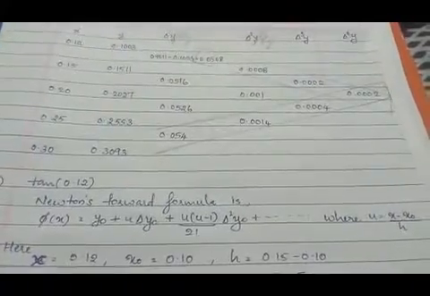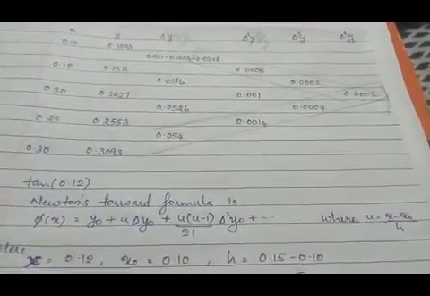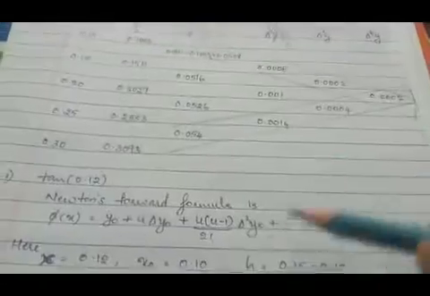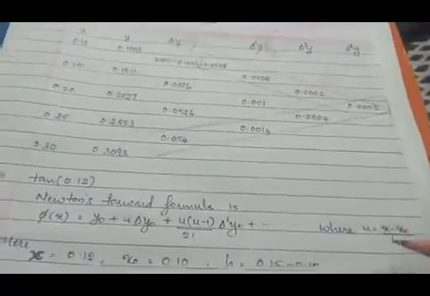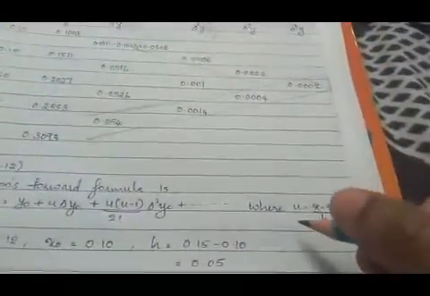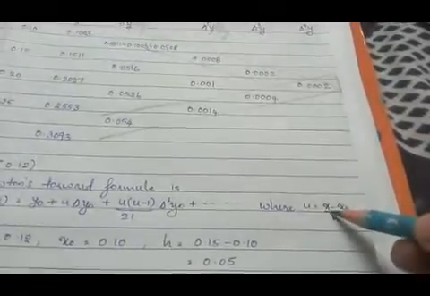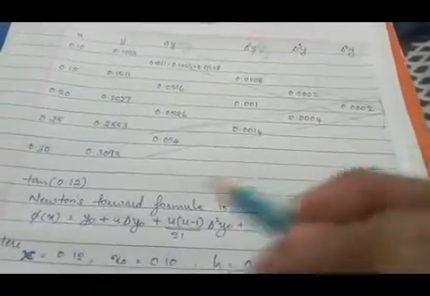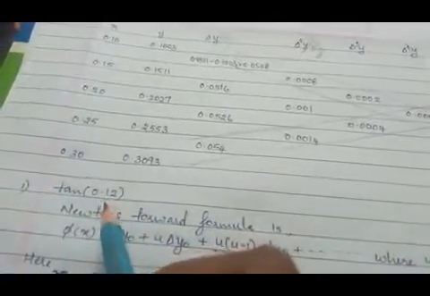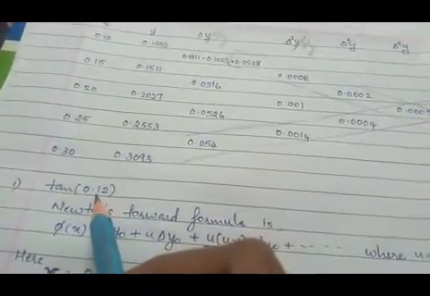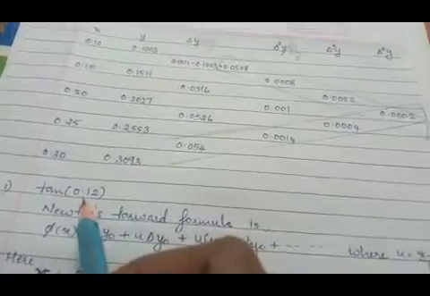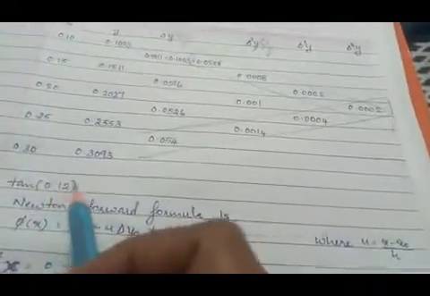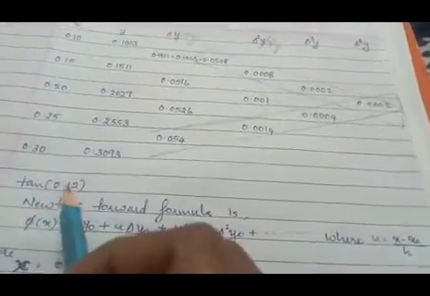Now in this, first we have to find the value of u. Only then we can substitute that in Newton's forward formula. So the formula for u is u equals x minus x0 by h. Here x is the value for which we have to find the result, that is we have to find tan 0.12.